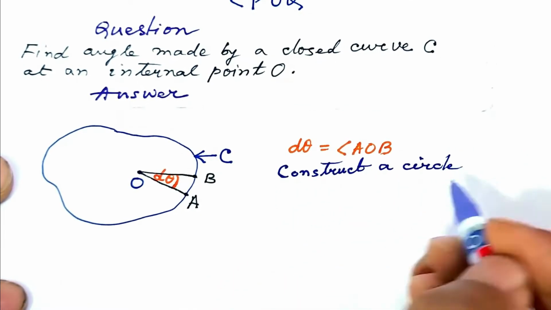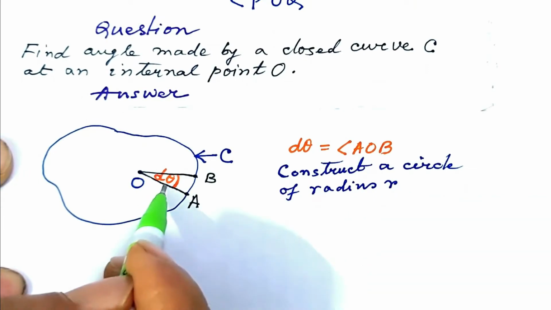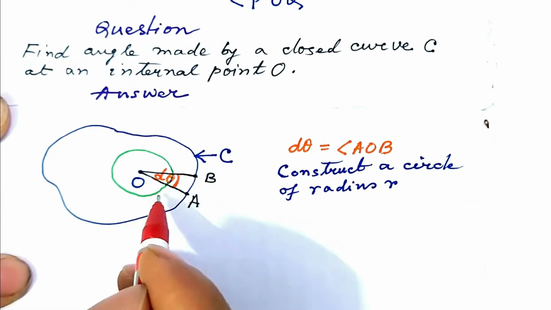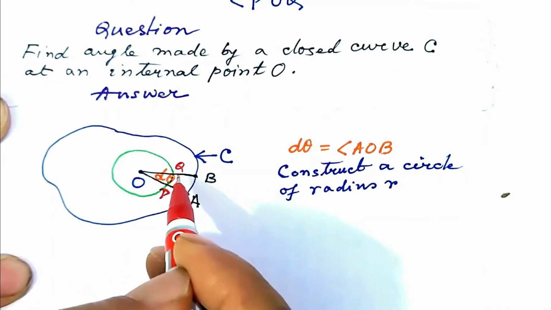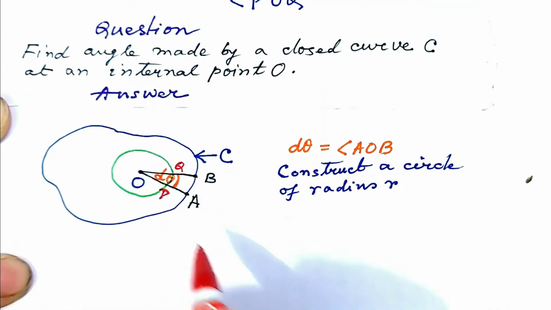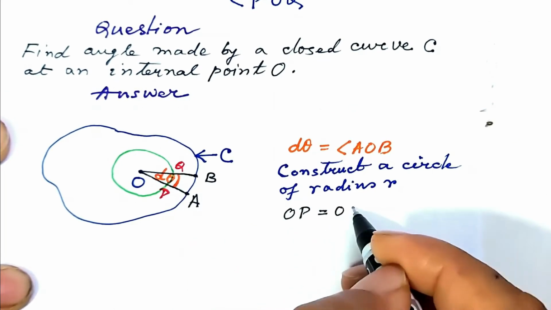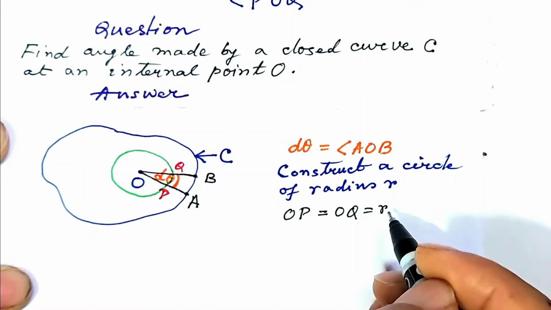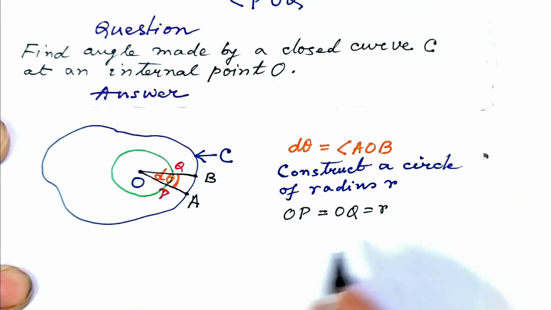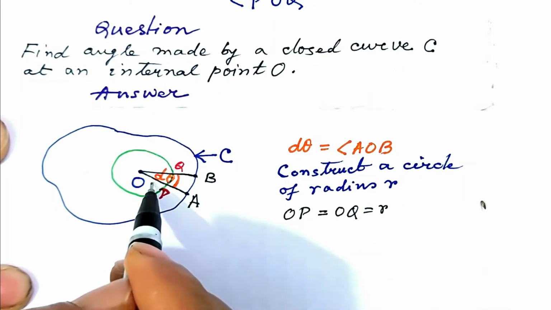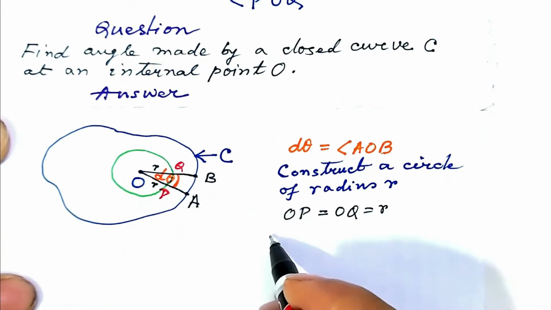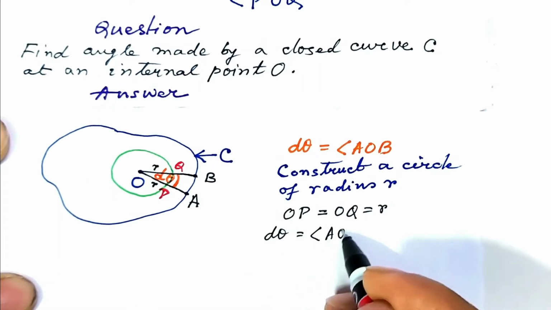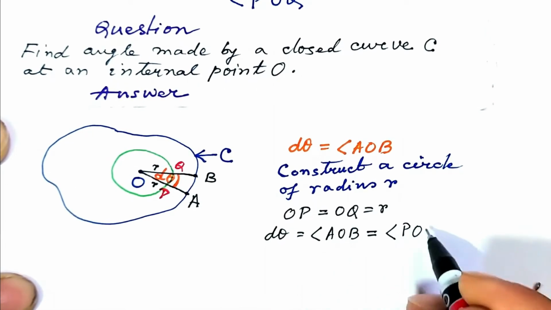Construct a circle of radius r, and this is how we perform the construction. Call this point P and let this point be Q. So the infinitesimally small arc length is PQ. Now OP equal to OQ equal to r, the radius of the drawn circle. d theta is the angle AOB, which is angle POQ.